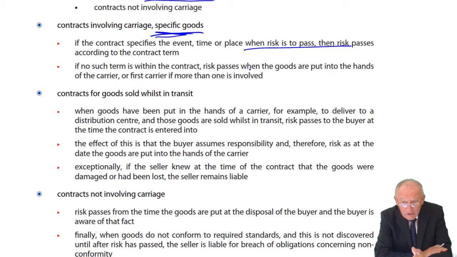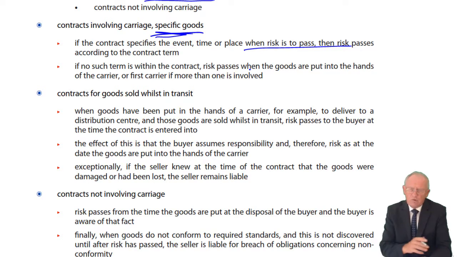Because once I have given them to the carrier, presumably they have therefore been unconditionally appropriated because they are specific goods. Once that has happened, then the risk is yours, and you are then responsible for any loss or damage. Of course, there is an exception, which we'll come to in a moment.